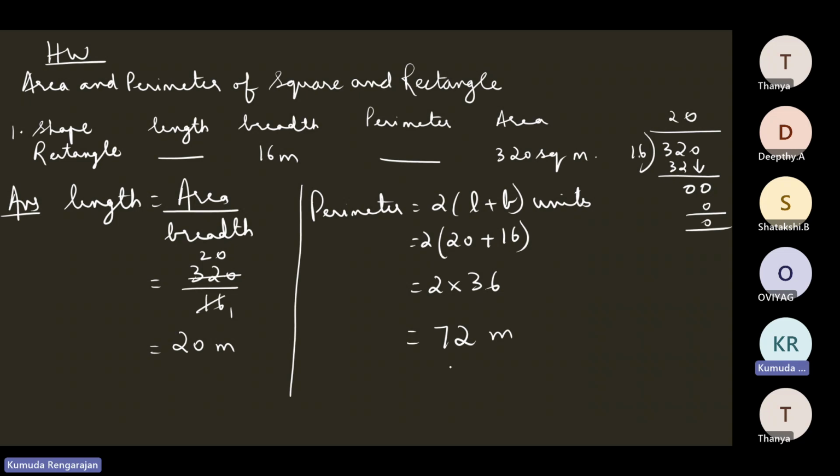Is the first one fine, children? Have you all got the answer for the first one? Yes, ma'am. Ovia? Ma'am, I got the same. Satakshi, did you receive this homework? No, ma'am. No problem. Maybe you started the classes.